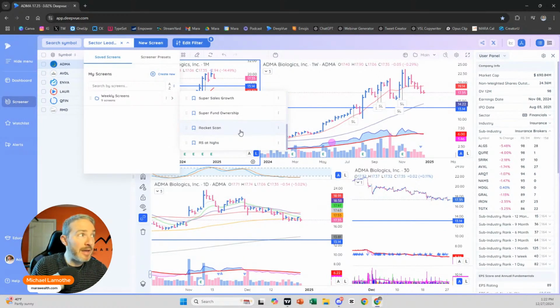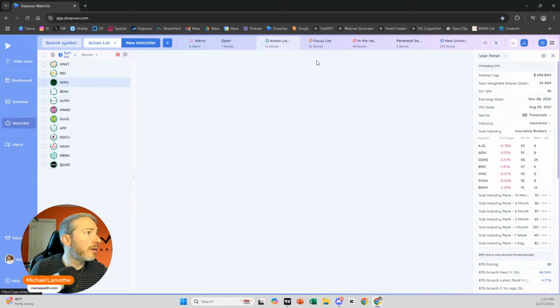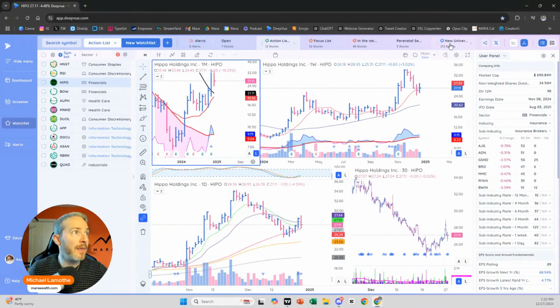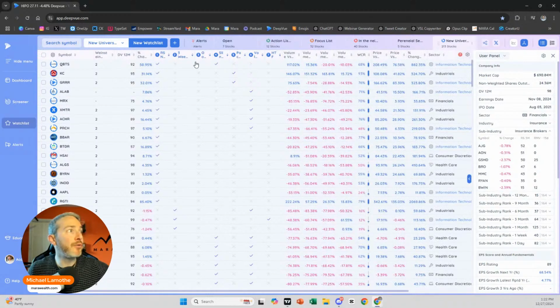From there, I'm able to build a universe. When I build out this universe, and the universe right now is over here in Deep View, I'll come over to this list and filter it for a variety of different things: relative strength at new highs, stocks that are in 3 weeks tight patterns, oops reversal, slingshot, pocket pivots, volume drying up, and high tight flags.